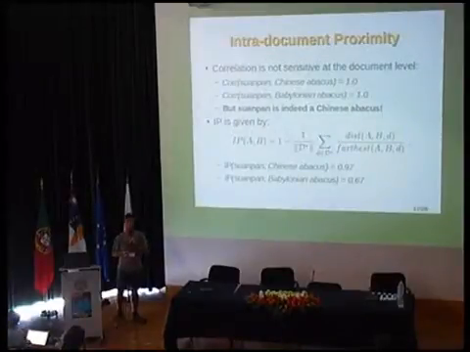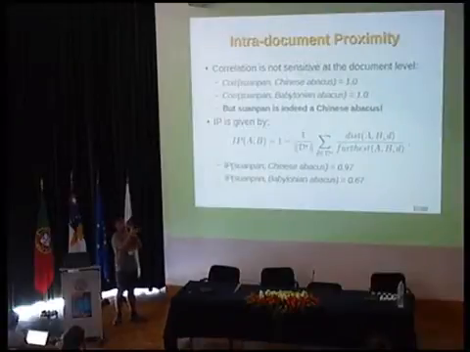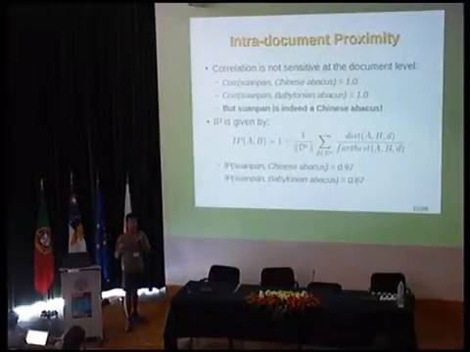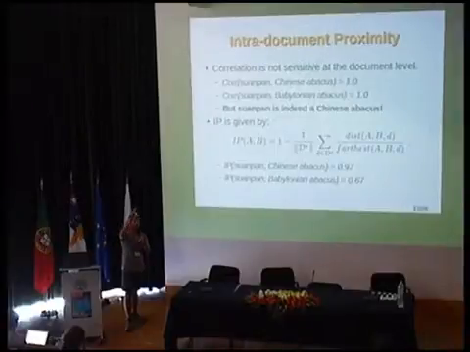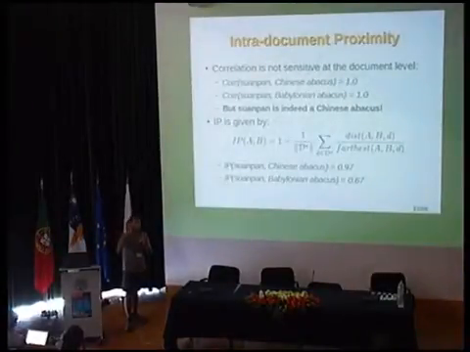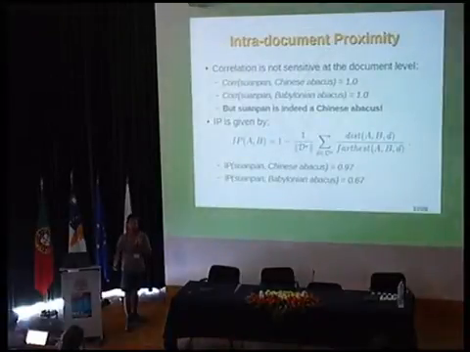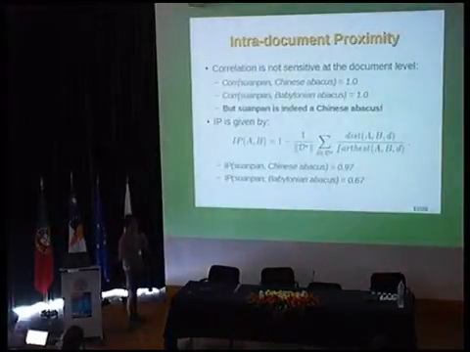That's our idea with this approach. To prevent bias towards longer documents, we divide by the furthest distance that both could be. The farthest distance is all occurrences of A being on top and all occurrences of B being on the bottom. So it's just the distance.